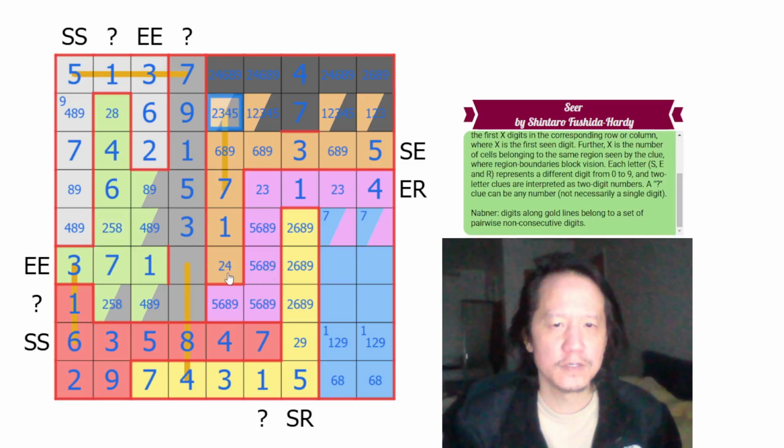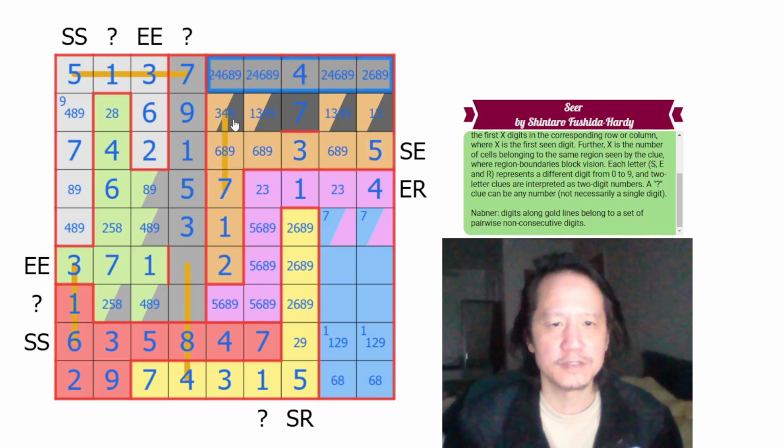Let's see. This can't be 4 anymore, therefore this must be a 2, which means none of these cells can be a 2 because we already have a 2 in the rest of the orange cells, and we have the 2 in the dark gray cells.